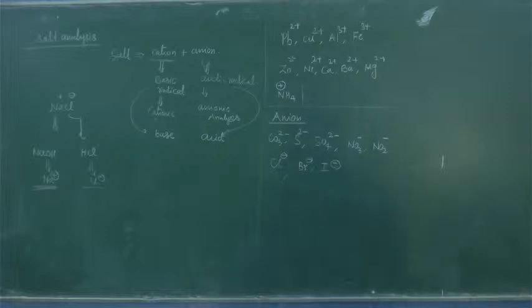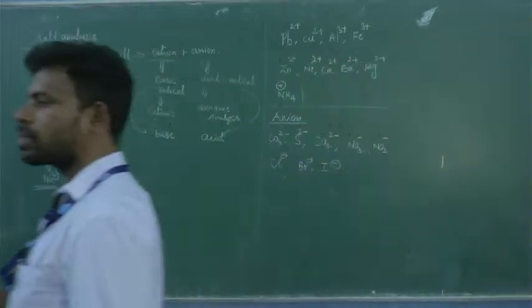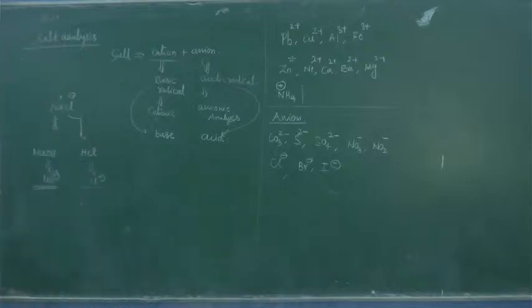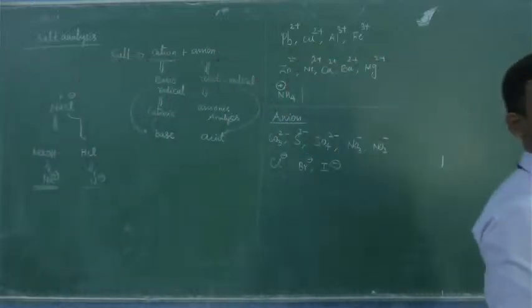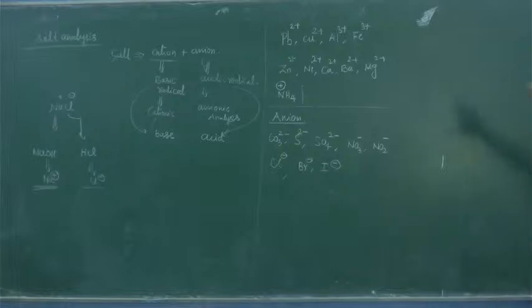Okay, let's go with the simplest way to remember. Is it clear? That I will tell you. Please note this, we are not going to discuss all the cations, only those which are given in our syllabus.